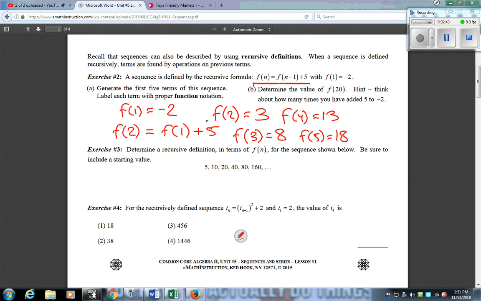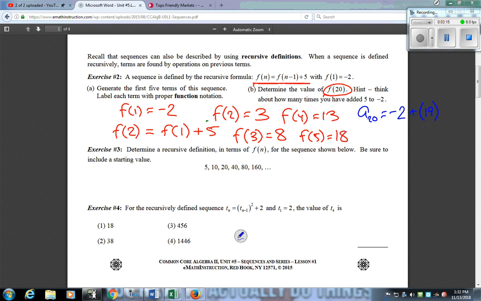Okay. And then if you wanted to find the 20th term, you would start with your first term, which is -2, and you would add to it the number of increases you're doing, which in this case would be 19, multiplied by the difference.